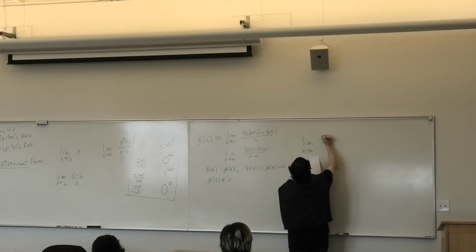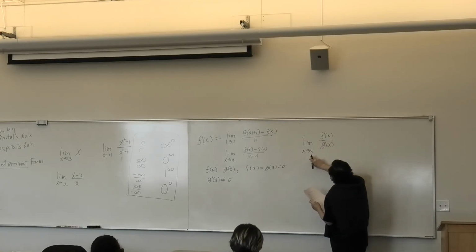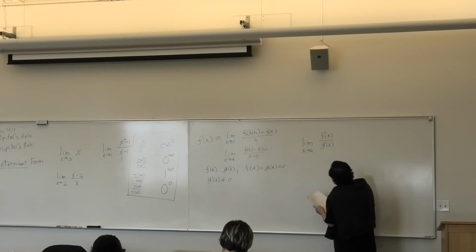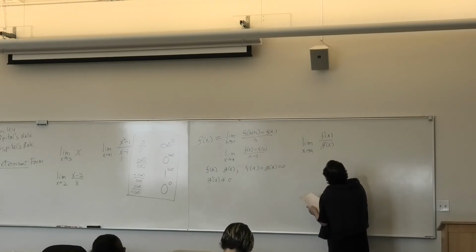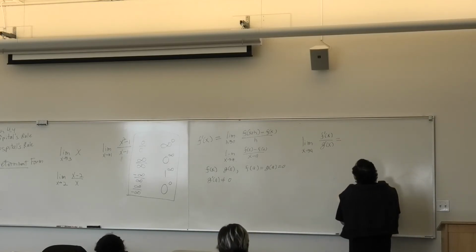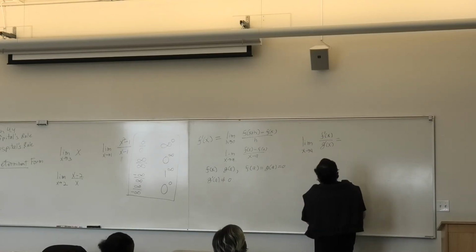We want the limit of the derivative of f over the derivative of g as x approaches a. Okay, so we have to apply our limit formula here to find out the derivatives.